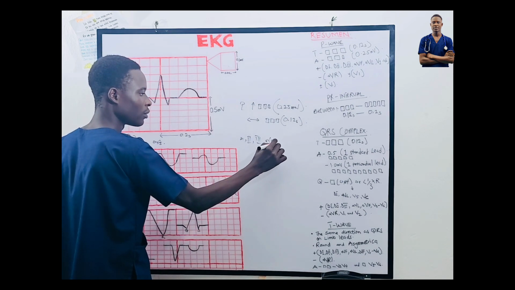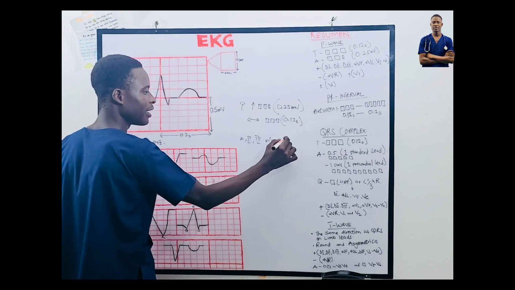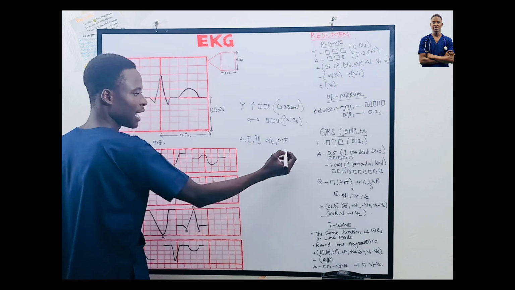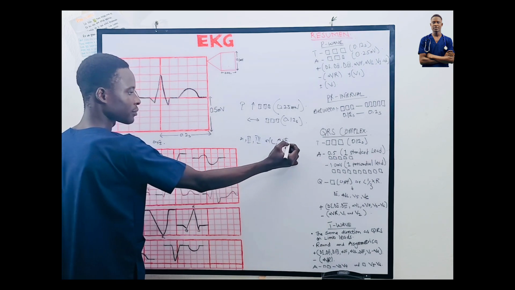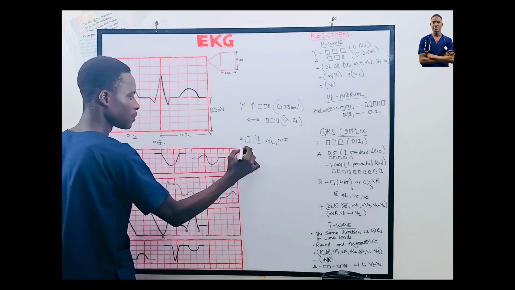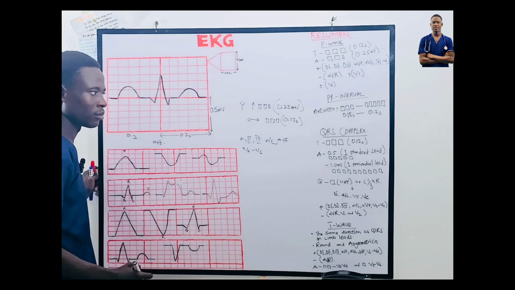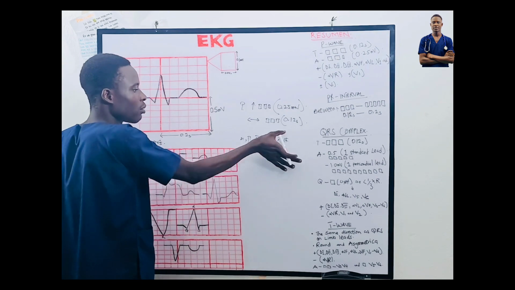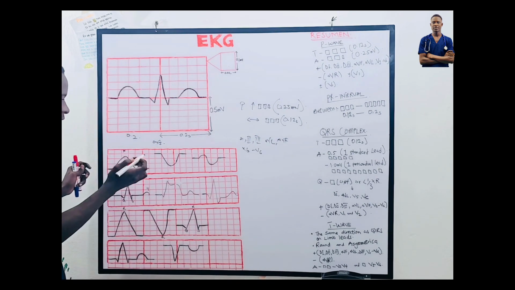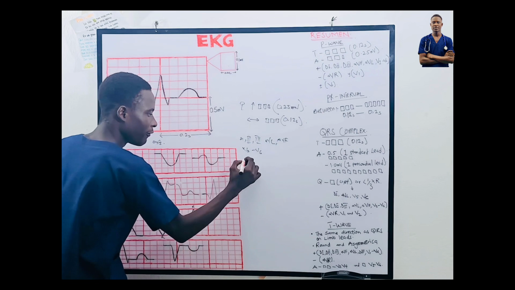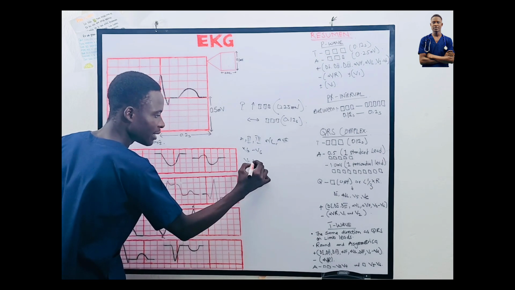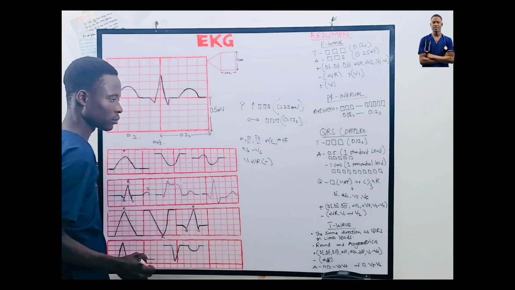AVL, AVF, and then V2 to V6. They are all positive. But when you come to V1 and then AVR, it is negative.